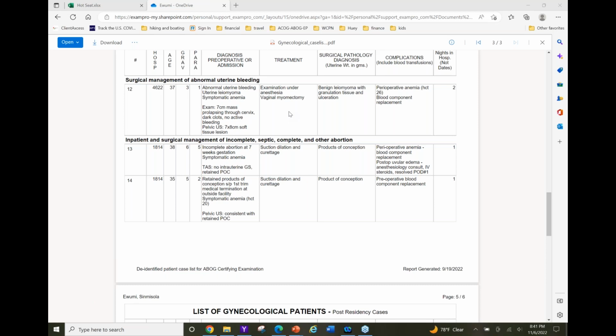Okay, are you familiar with any techniques that have been suggested, besides what you've already described, for trying to remove a myoma via the vaginal approach? The twist method. What do you mean when you say the twist method?